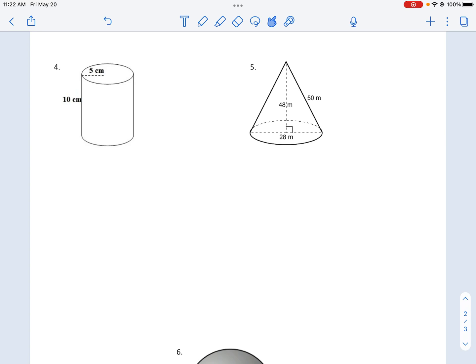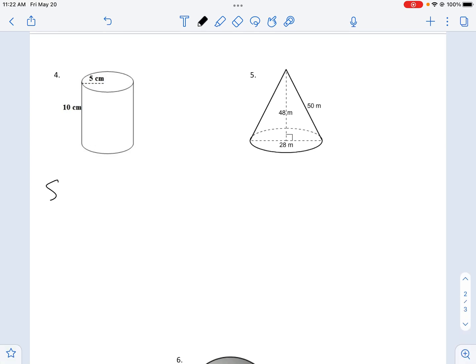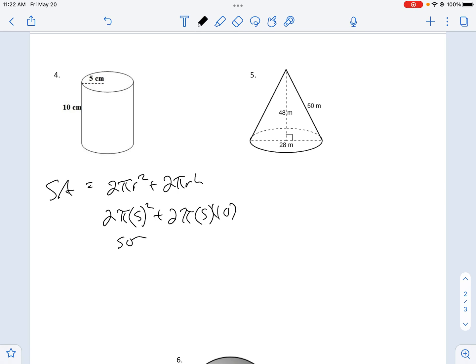All right, and the last one, you probably want to use the formulas in case you don't remember them. So surface area for a cylinder is 2 pi r squared plus 2 pi r h. Plug in everything you know, keep simplifying this. We get 50 pi plus 100 pi, which is 150 pi, which is approximately 471.2.